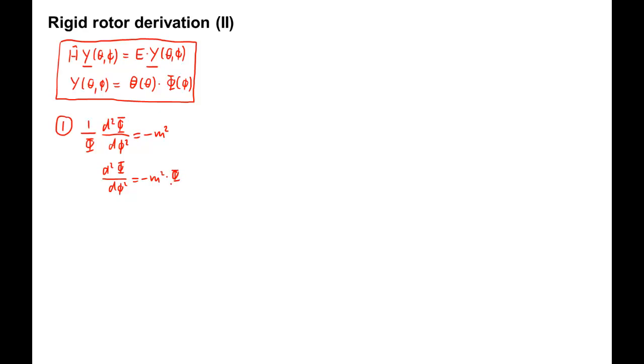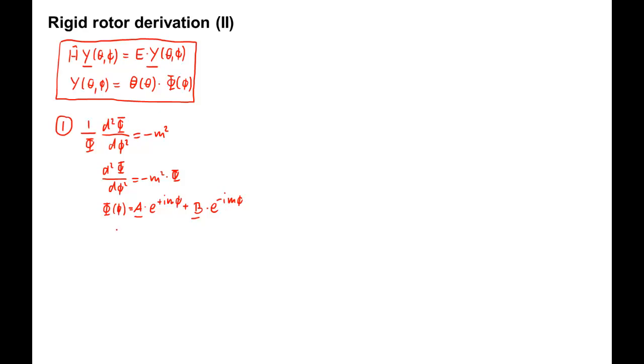The general mathematical solutions for these equations are Φ(φ) = A e^(+imφ) + B e^(−imφ) for completely arbitrary A and B and for any value of m. You can check this by substitution.